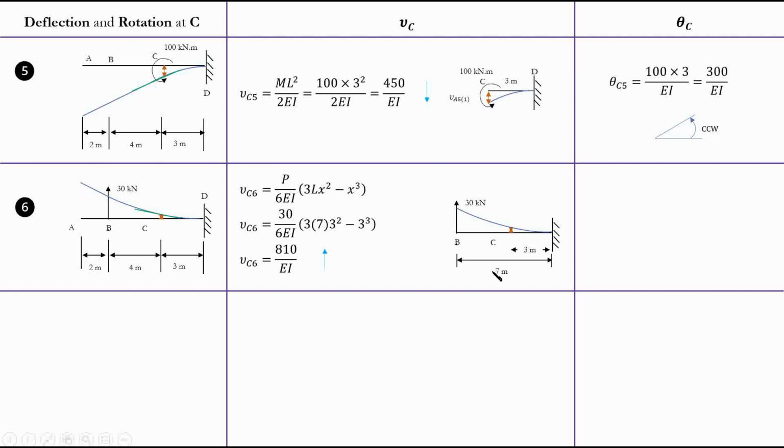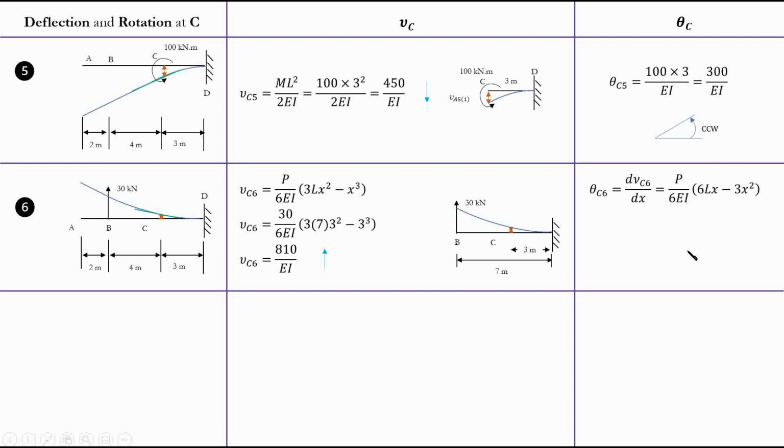It's upward. For rotation, what I'm going to do is take the derivative of this curve, right? As I mentioned, this is just the elastic curve equation for this curve. So I'll take the derivative, I'll find the slope, which is here, right? The derivative of this one is going to be 6Lx minus 3x squared, right?